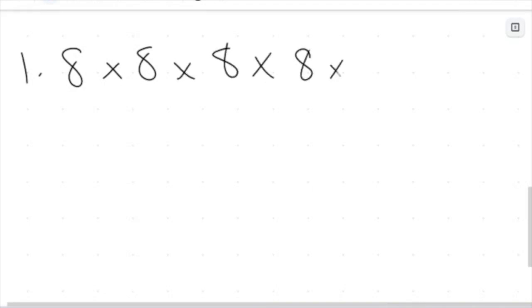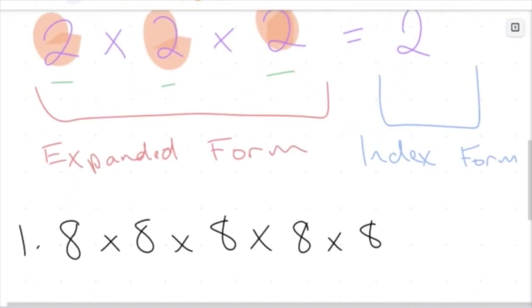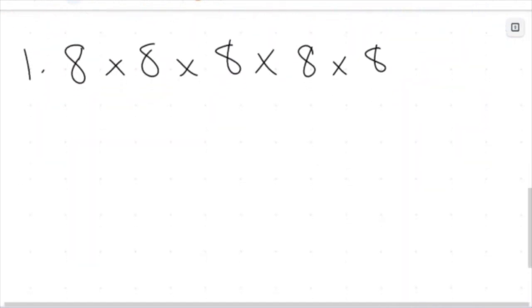So say we had here, what would happen if I have 8 times 8 times 8 times 8 times 8. Now, what's this currently in? Well, this is in expanded form. I can see this is my long way of writing this. Now, all I need to do to convert this to index form is figure out what the base is.